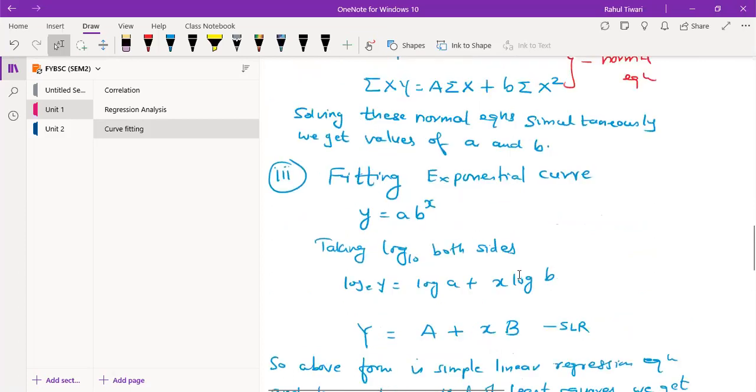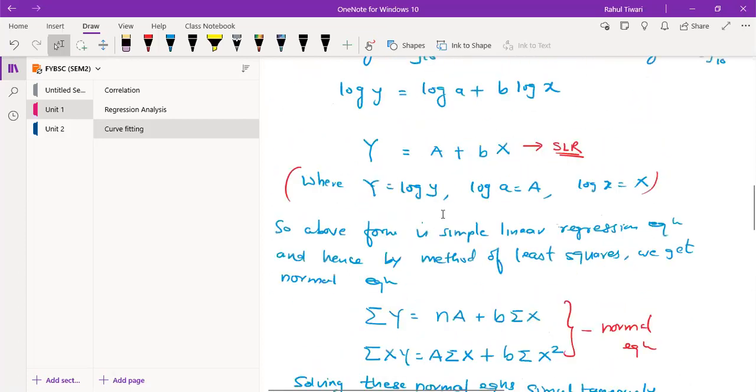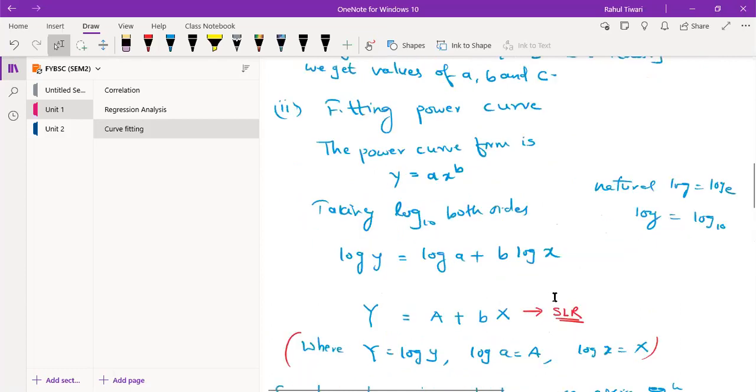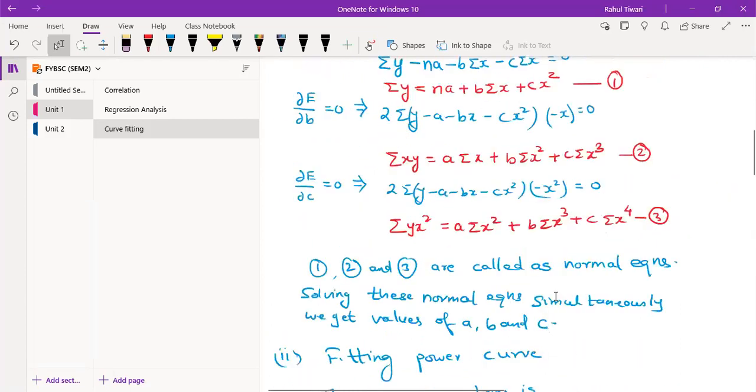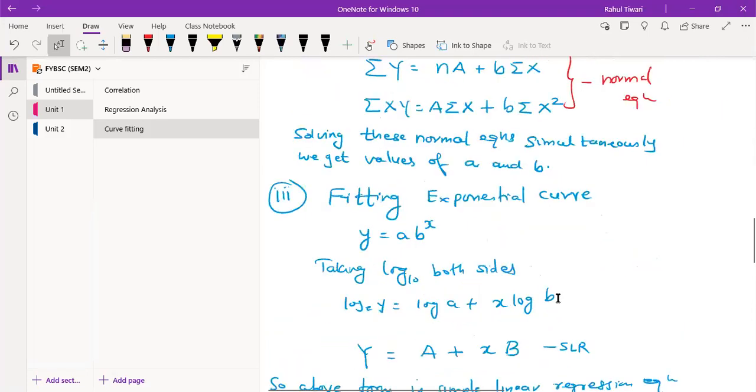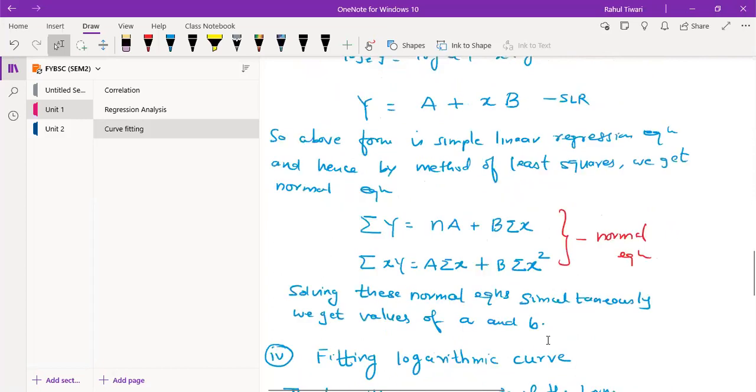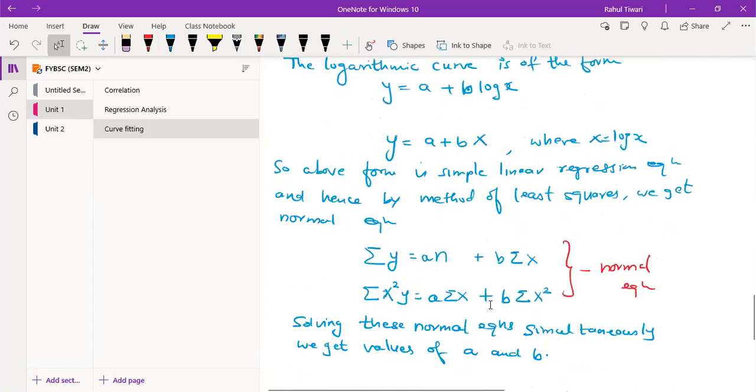What about here? Capital A and B. So just look at the variable also, because if you transform log A to capital A, then you need to change that small a to capital A, and solve that equation simultaneously and get the values of A and B.